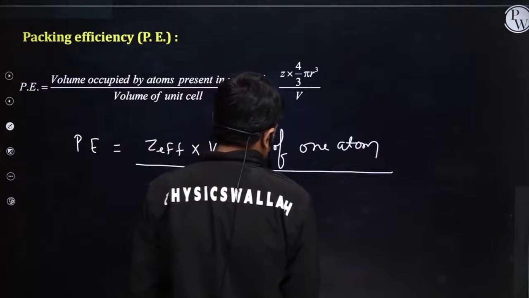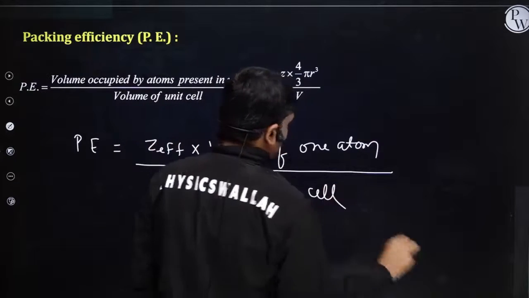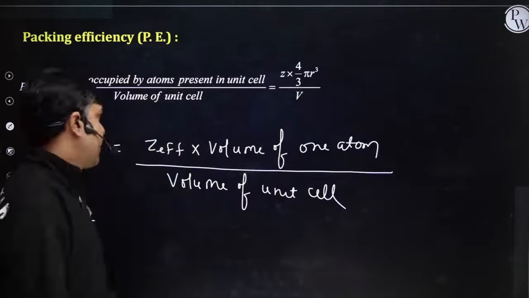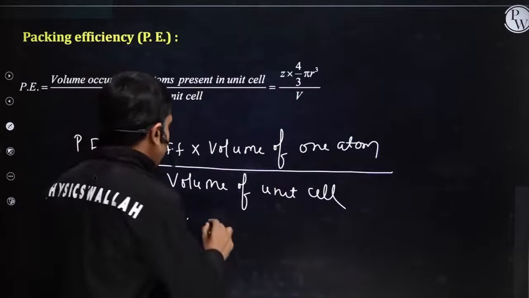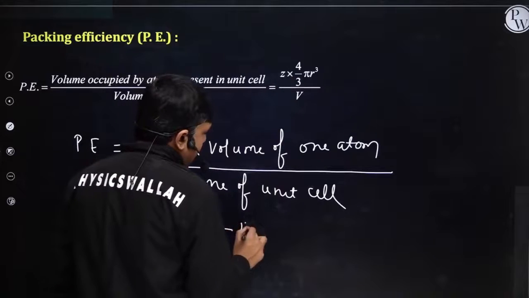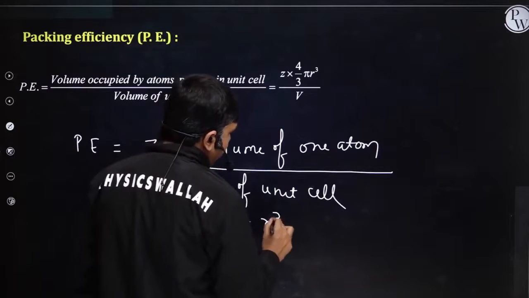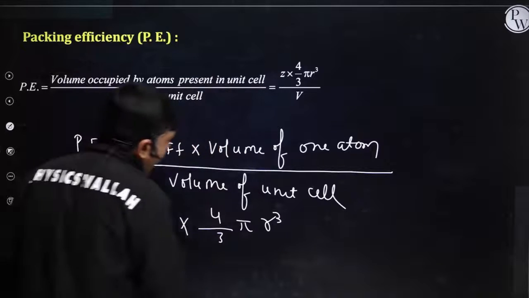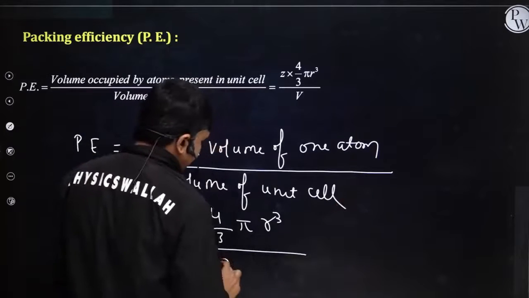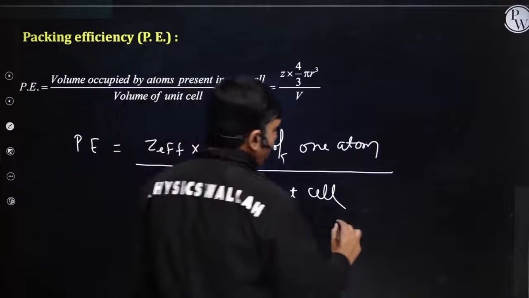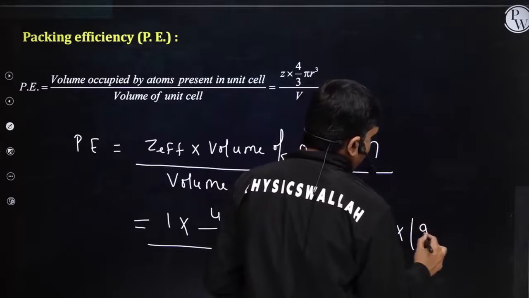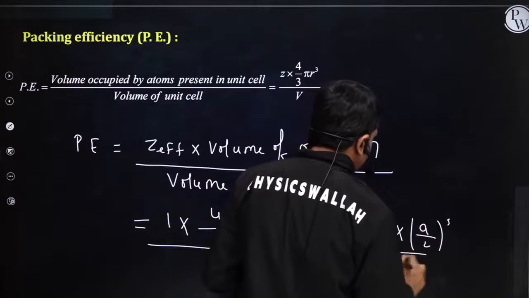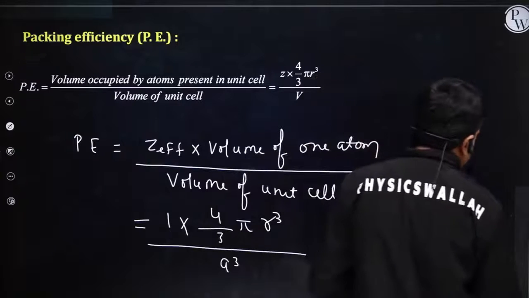What's Z effective here? It's 1. Volume of one atom, 4 by 3 pi r cube. Each atom is considered to be a hard rigid sphere having radius r. And the volume of the unit cell, a cube. So 4 by 3 pi times a by 2 whole cube, upon a cube. So it's pi by 6.